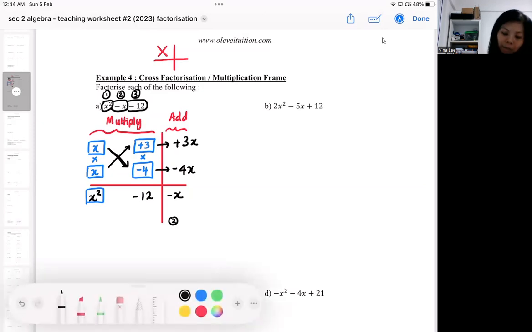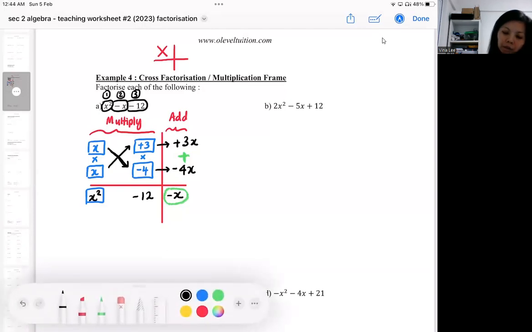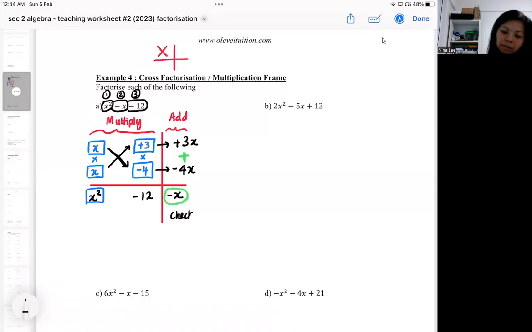You must be able to get minus x when you do the addition zone. So in a way, the minus x is like a checkpoint.